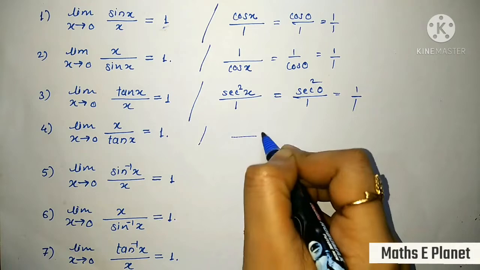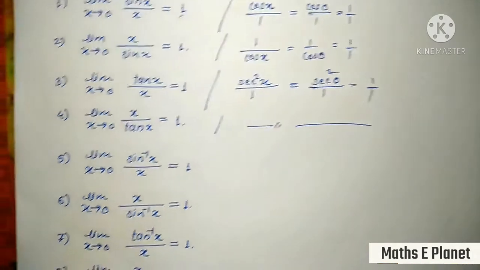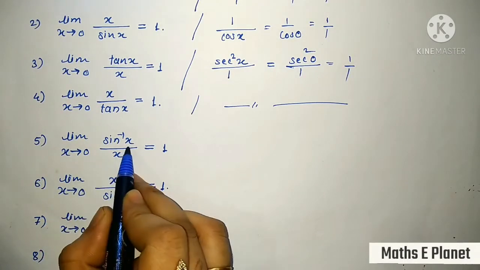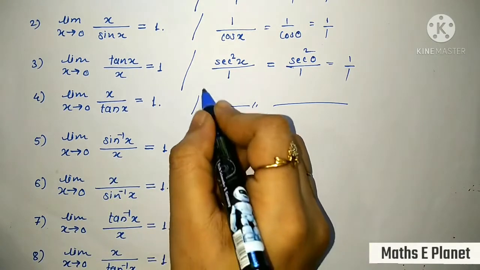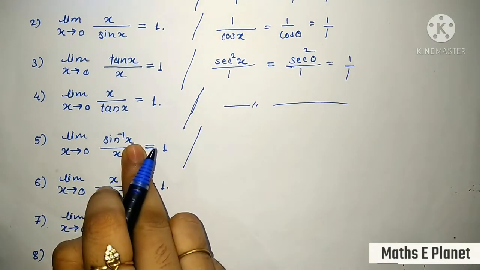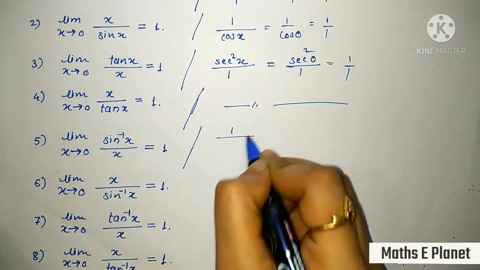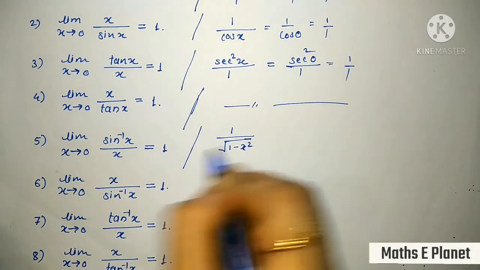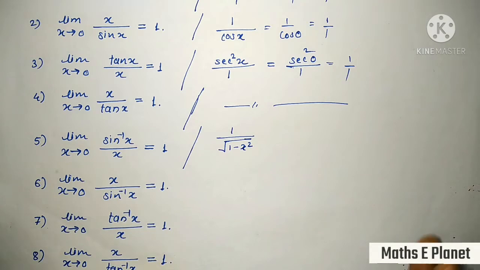Similarly, we are going to follow the same method. I am not going to write it once again. Now come to the next formula, limit x tends to 0 of sine inverse of x upon x. Here also take the differentiation. The derivative of sine inverse of x is 1 upon square root of 1 minus x square, and the differentiation of x is 1, so I am not writing that here.